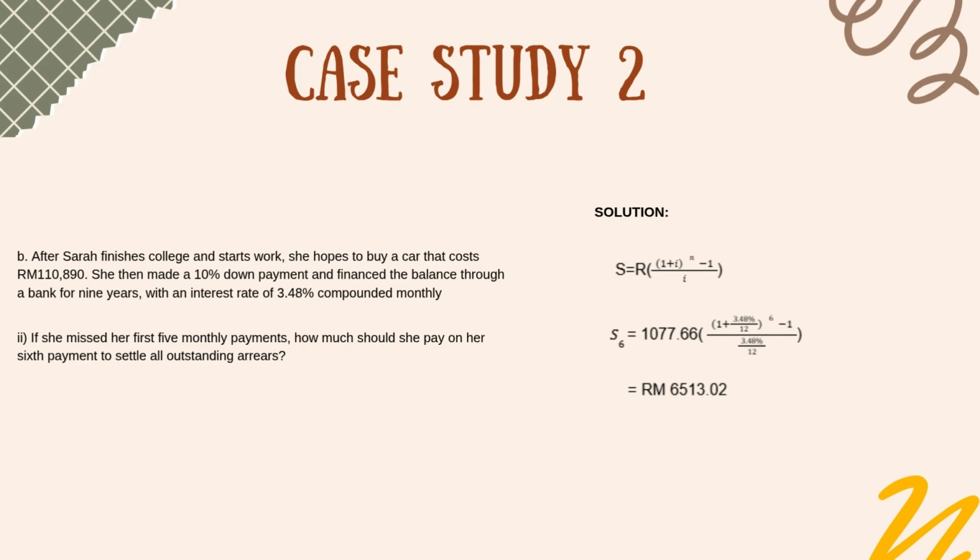Substituting the values, S equals 1,077 ringgit and 66 cents multiplied by [(1 + 3.48% over 12)^6 minus 1] divided by 3.48% over 12. And the answer is 6,513 ringgit and 2 cents.